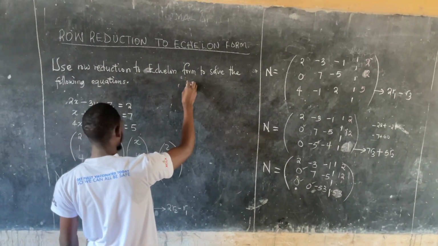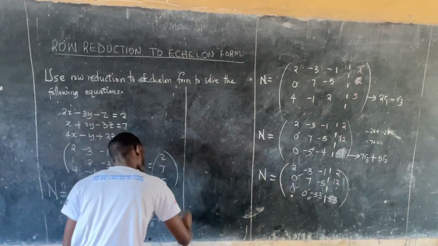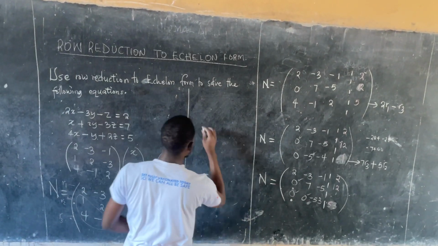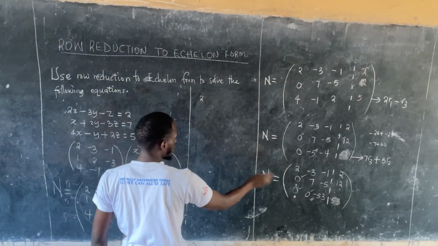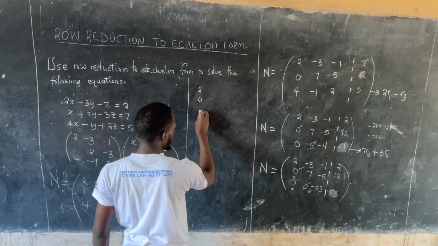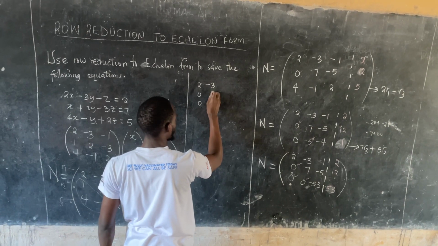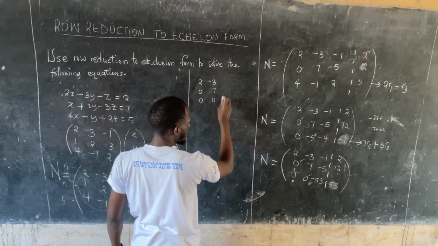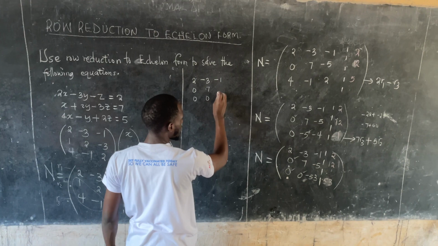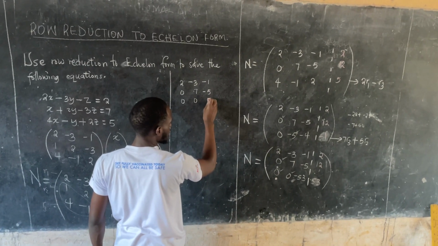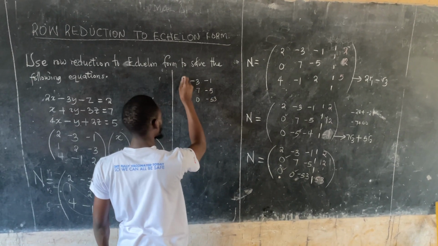So what we are going to do, I'm going to borrow some space here and write it back as 2, 0, 0, -3, 7, 0, then I have -1, -5, then -53.